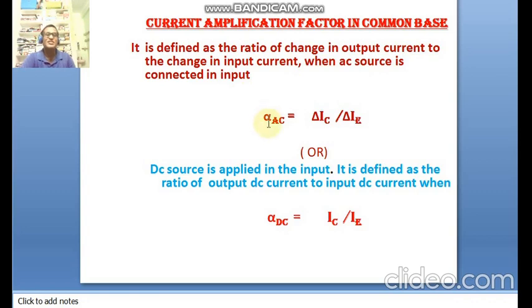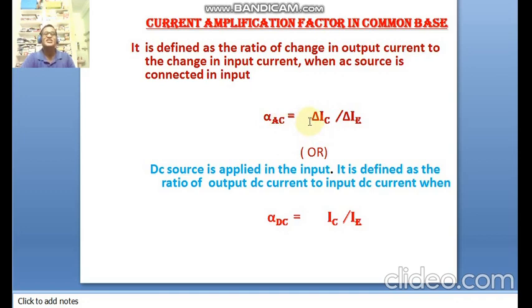Mathematically, alpha AC is equal to delta IC by delta IE. In this expression, AC represents the input AC source, and delta represents a large change.